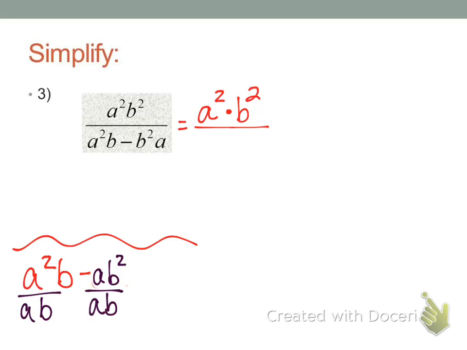Now, when I go to fill in my denominator, where else do I write my GCF? Outside of some parentheses. So we have an AB outside parentheses. What's going in those parentheses? A minus B. Good.